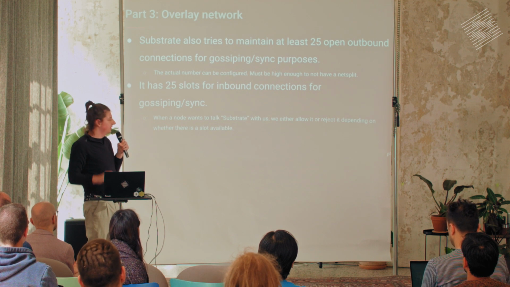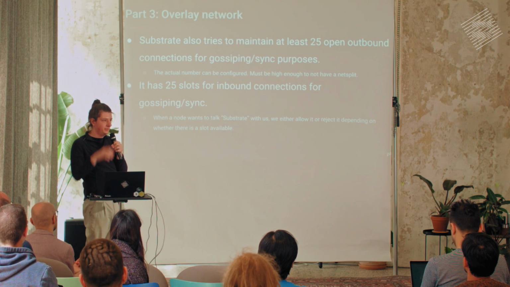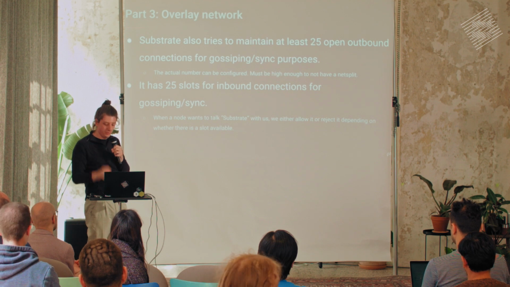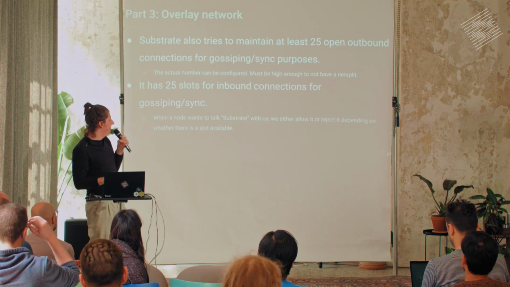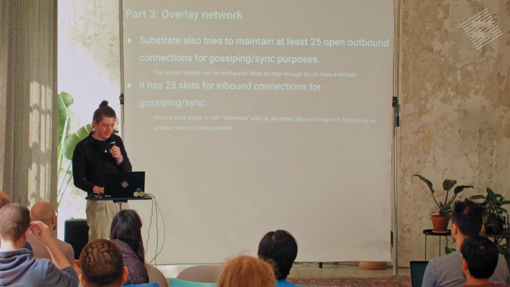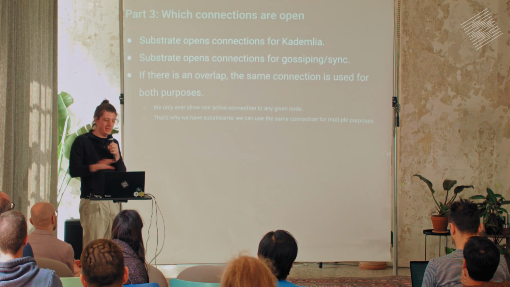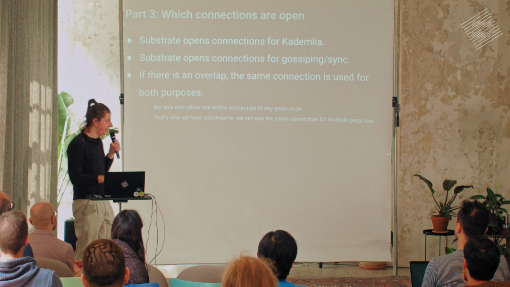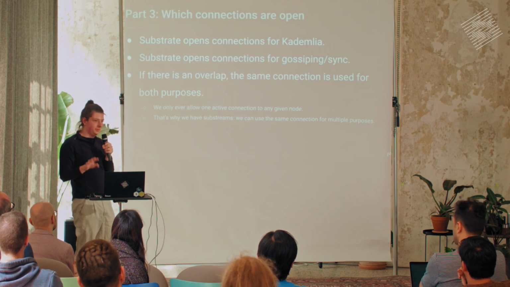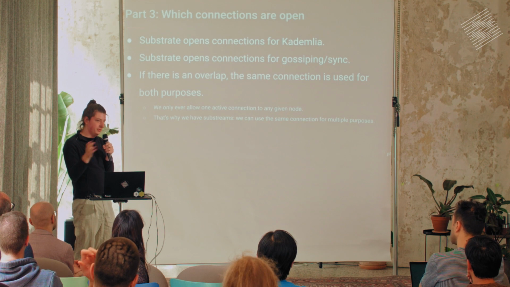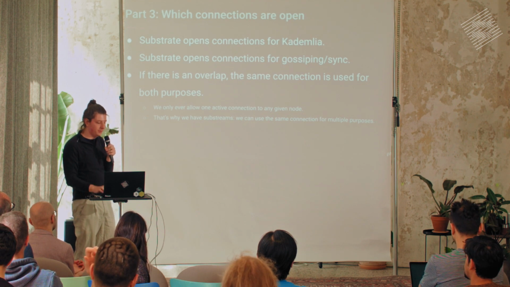If a node connects to us and there's no slot available, we tell it, hey, I'm full, you cannot talk blockchain to us. But that doesn't mean we disconnect from this node. You can still connect for Kademlia requests, for identifying, for ping. You're just not going to be able to do gossiping and sync through us if we are full.